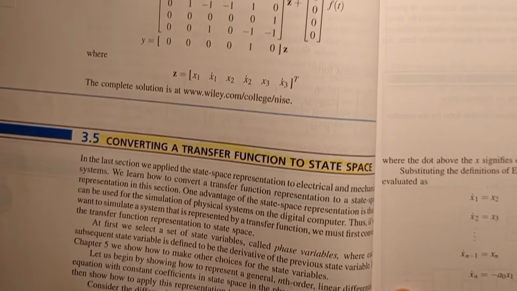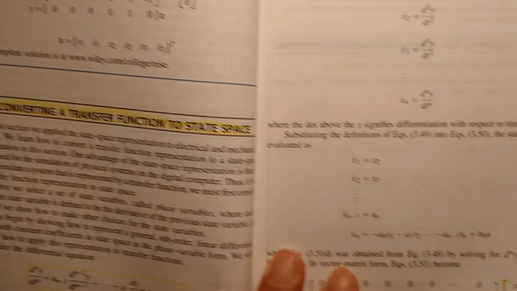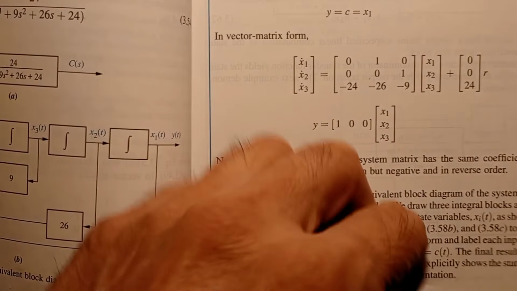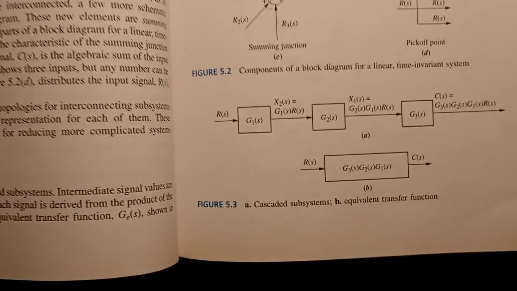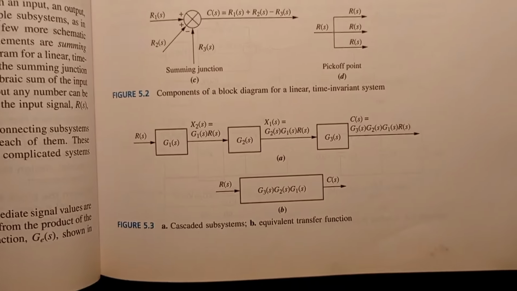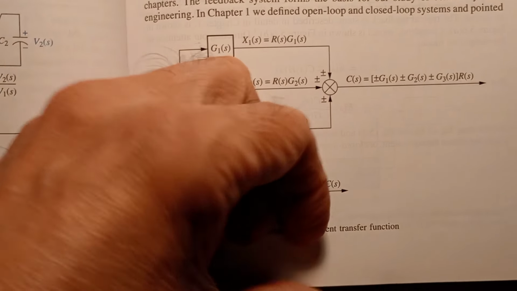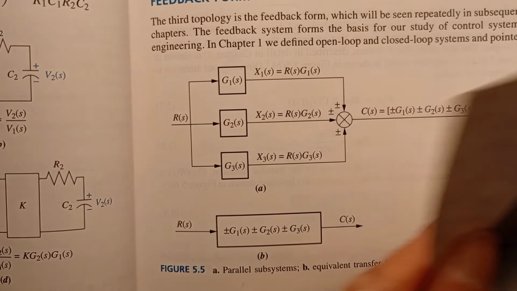This is another technique called state space to solve control systems problems. Here's your block diagrams. There's a block diagram with feedback.